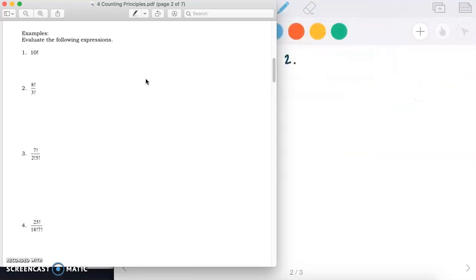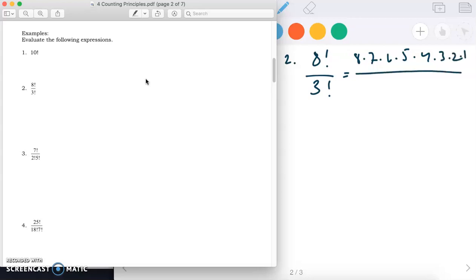Here for part 2, we have 8 factorial over 3 factorial. Now this one's kind of interesting because when you write it all out, you have 8 times 7 times 6 times 5 times 4 times 3 times 2 times 1. Now remember, the 1's not necessarily that important because when you multiply by 1, it's really not necessary to write.